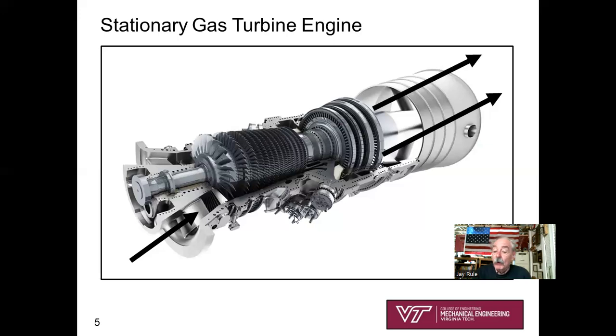Here's another cutaway view of another type of stationary gas turbine, just to give you a way to have a look at the multiple stages of the compressor. We observe how the specific volume is decreasing. It's a compression process. Pressure is increasing, of course. Okay. It's just extraordinarily interesting to be able to see the different stages and the way they look in the physical world.